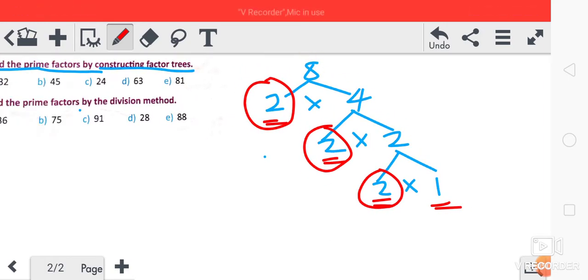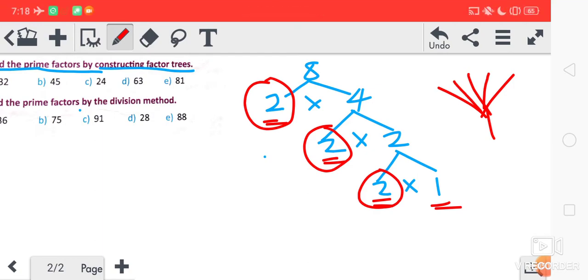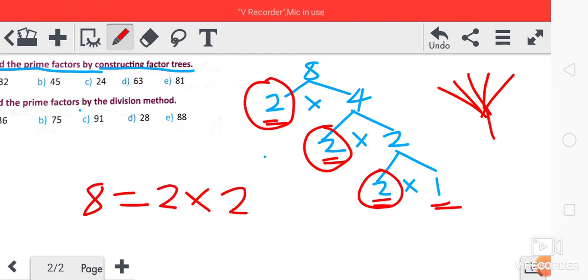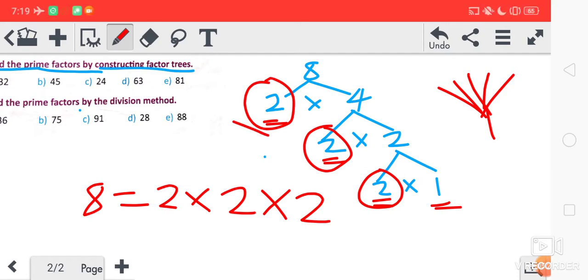You can see it's like a tree. From one tree different branches are coming out. So that's why it is called a factor tree. So how will we write it? Finally 8 is equal to all the red circle parts. 2 into 2, 4 into 2, 8. Okay, this 2 and this 2.